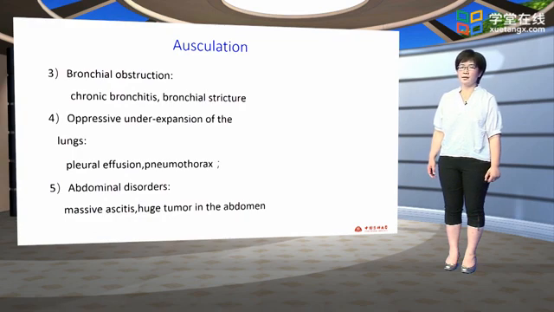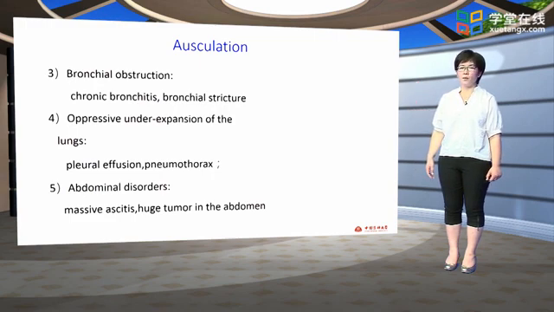The third reason is bronchial obstruction, which is very common in the clinic in respiratory disease, like chronic bronchitis, bronchial strictures, COPD, and asthma patients. They have spasm and bronchial strictures, so they have decreased breath sound.